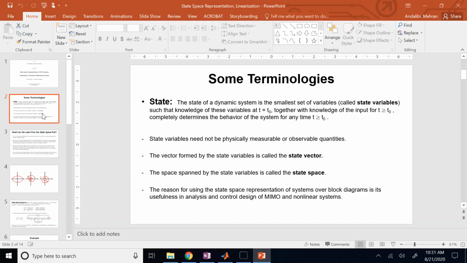A state of a system is the smallest, the minimum number of variables, we call them state variables, and the vector that has all these variables in it, we call it the state vector, such that if we know the value of them at time t naught at the beginning, then if we also know the forcing function of the system, the input to the system, we can find the behavior or the output of the system at any time point. What does that mean?